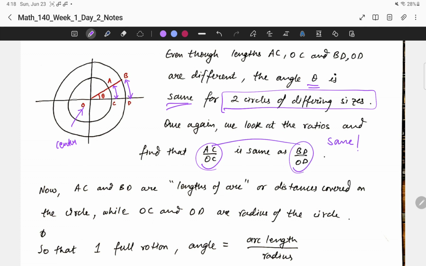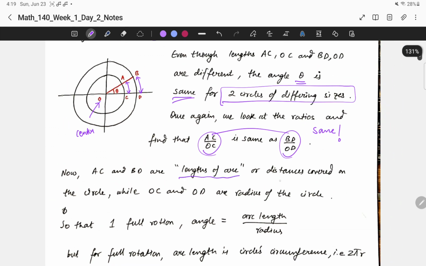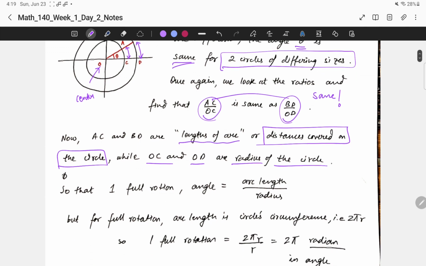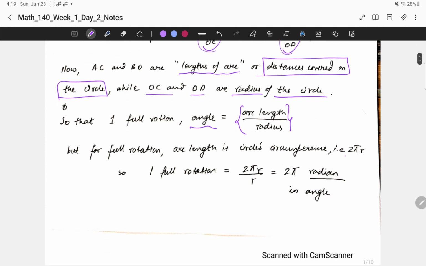Now in this case, AC and BD are lengths of arc, or distances covered on the circle, while OC and OD are what is called the radius of the circle. So in one full rotation, the angle is going to equal the arc length if I go around the circle once, divided by the radius. But when you make a full rotation, the length is nothing but the circle's circumference, which is given by 2 pi times r.